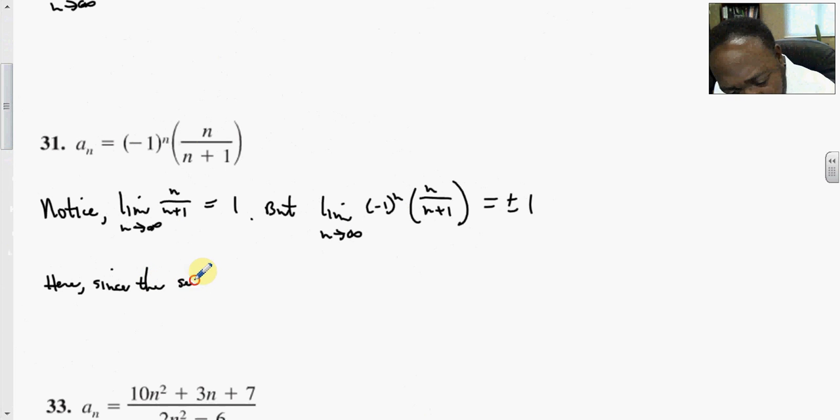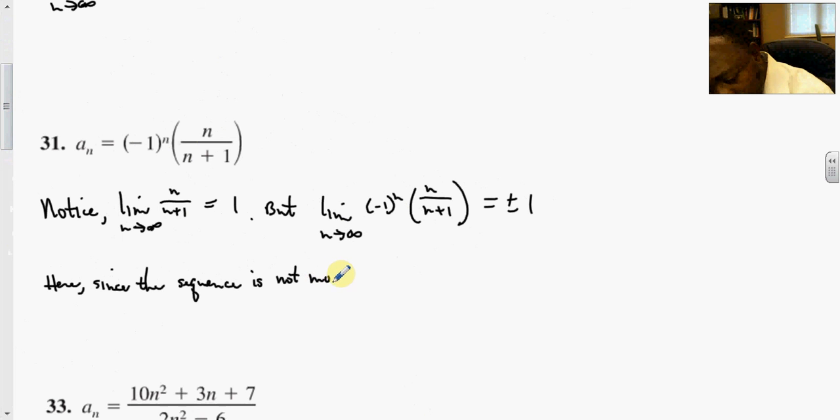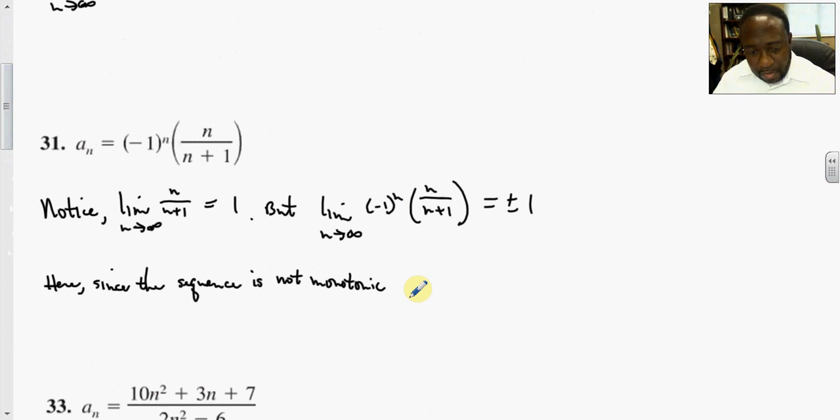Since the sequence is not monotonic, it's oscillating, right? So it's neither going up, neither is it always going down. It's up and down, up and down. It's bouncing between negative 1 and 1.